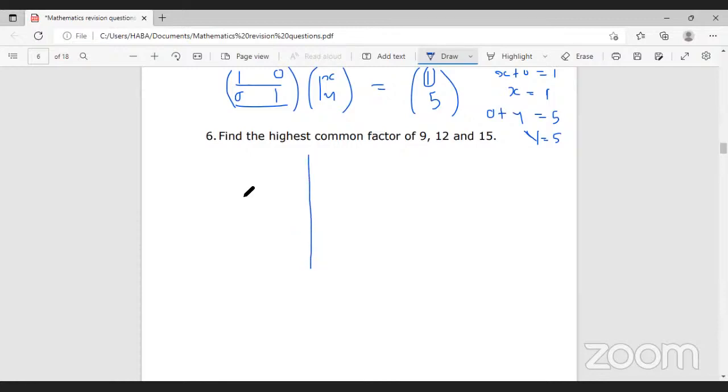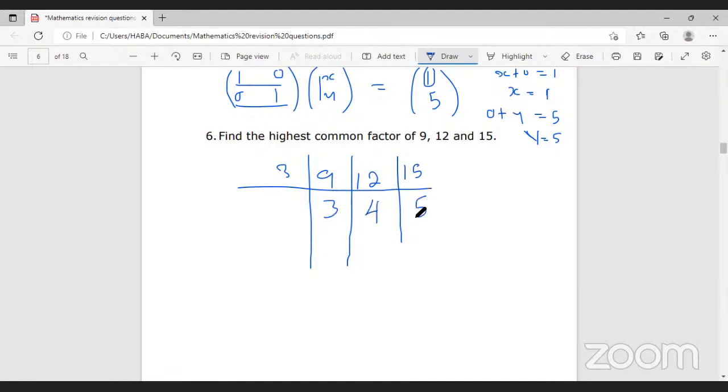I know we begin by drawing a simple table like this. We put 9, 12, and 15. So what do we do to find the highest common factor? We divide by 3. We get 3, 4, 5.